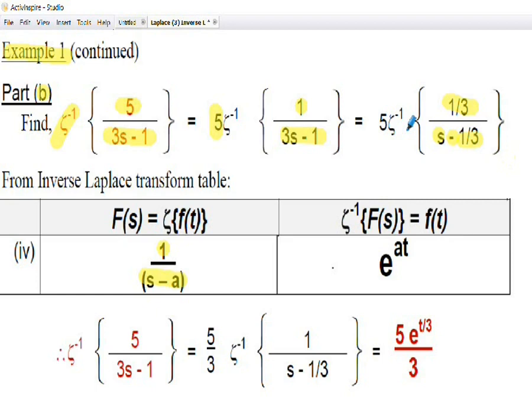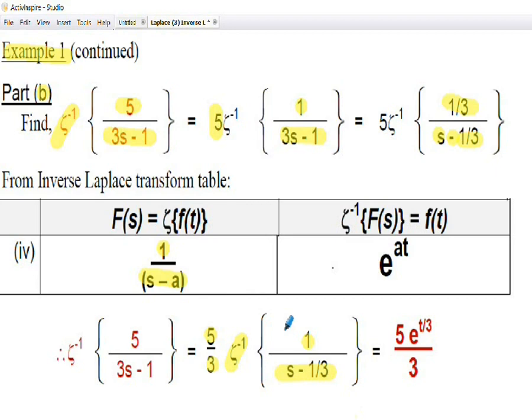So again, we can take out the constant of the third, which we're dividing by here, 1 upon 3, so that comes on the denominator outside, so I have 5 upon 3 outside the inverse Laplace transform function, and now that's left me with 1 upon s minus 1/3 inside the bracket.